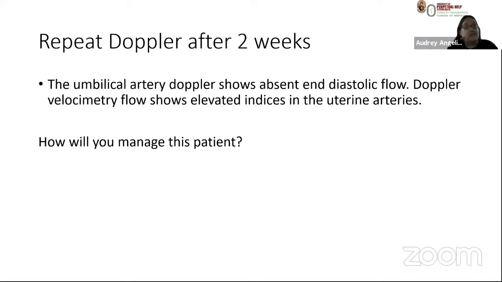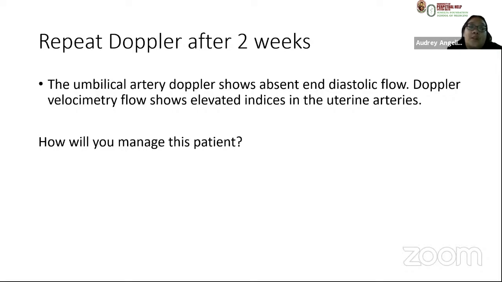More ominous would be your reversed end diastolic flow that would be equivalent to fetal demise. But with absent end diastolic flow, you are to terminate pregnancy and you have to get the baby out because it is not conducive anymore to keep the baby inside. So this is around 30 weeks after 2 weeks.